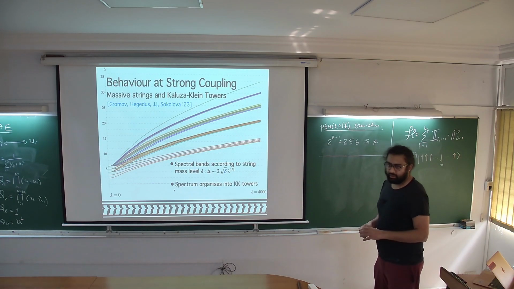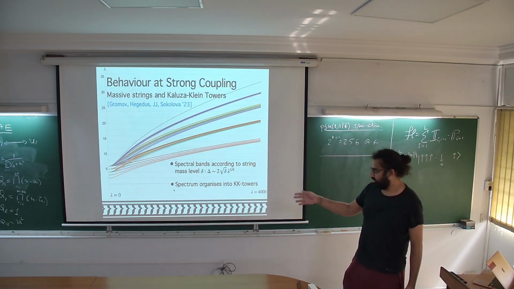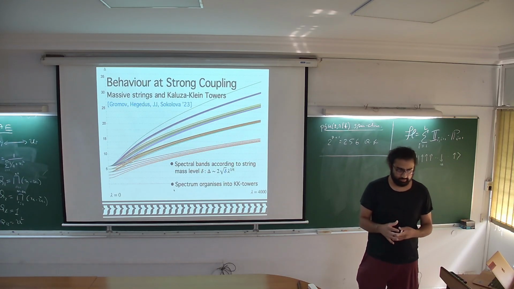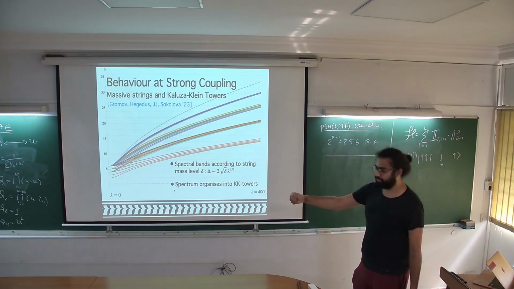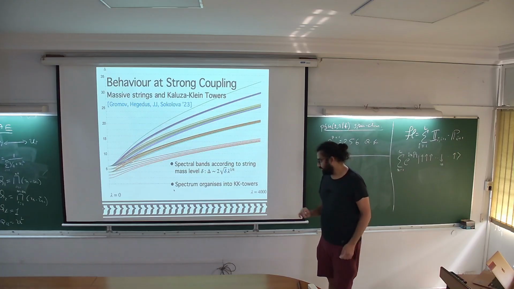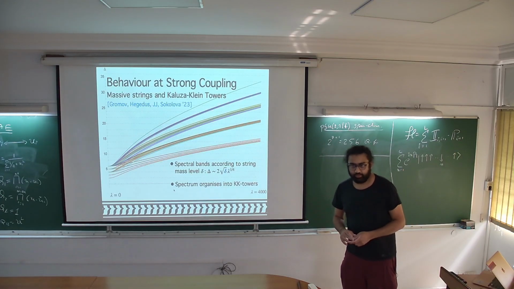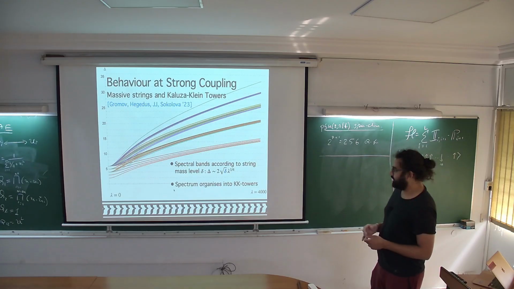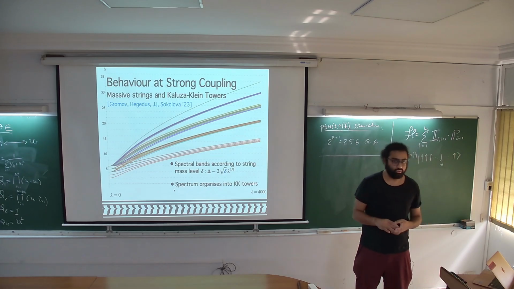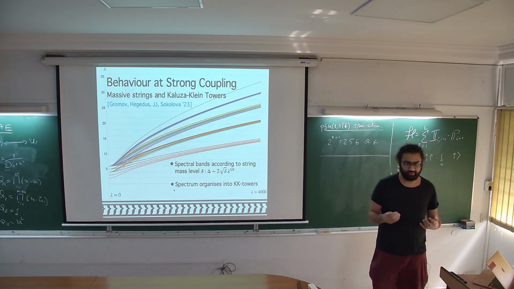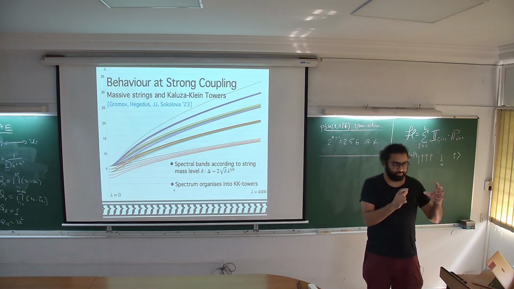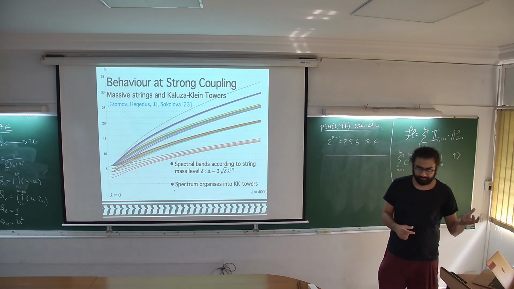So basically, for some subsector of states which are just easier to deal with numerically, you can push this even further, and you can go to really high values of the 't Hooft coupling. And when you do that, you actually see some stuff emerging. So from AdS/CFT, we expect, well, I think we can say we know now, that single trace operators are dual to short massive strings in AdS.